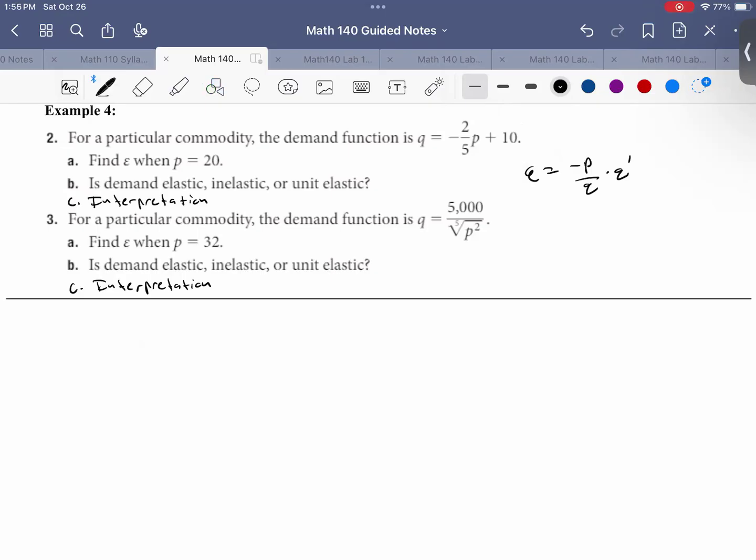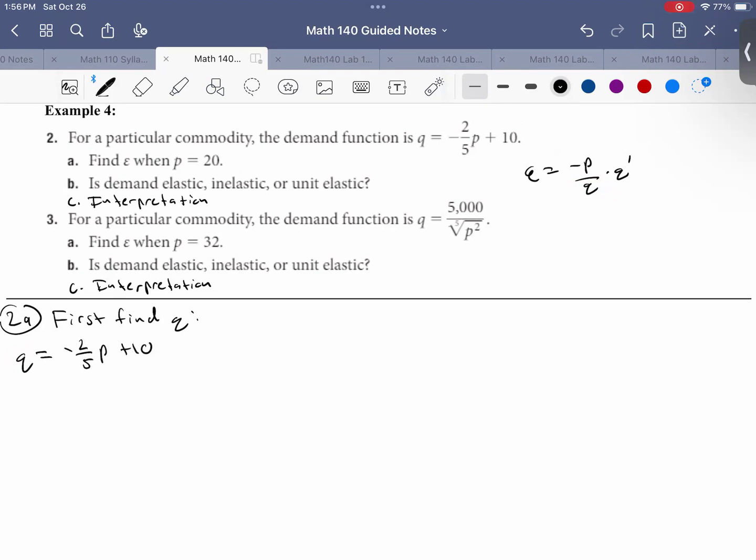So 2A, we want to first find Q. I need to find that numerical value Q so I can plug it in there. Q given to me is Q equals -2/5 P plus 10.